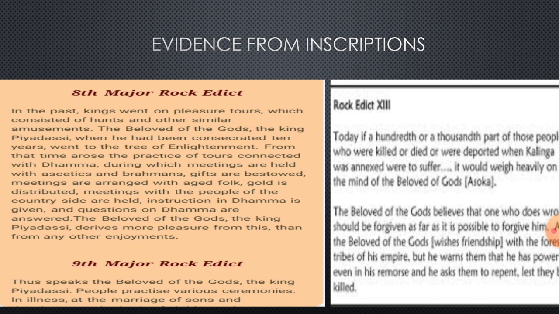Hence, the epigraphists examined the style of language, content, and the style. The epigraphists could now conclude that they were issued by the same ruler. But historians constantly need to assess the veracity of the statements made in these inscriptions.